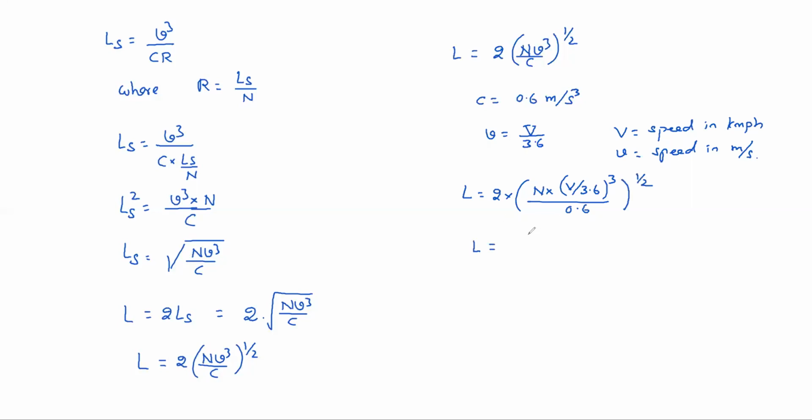So L equal to, you can simplify this, 2 into 1 by 3.6 whole cube by 0.6 to the power of half into n into V cube to the power of half. If you simplify this, you get 0.38 n into capital V cube to the power of half. Here remember, V equal to speed in kmph.